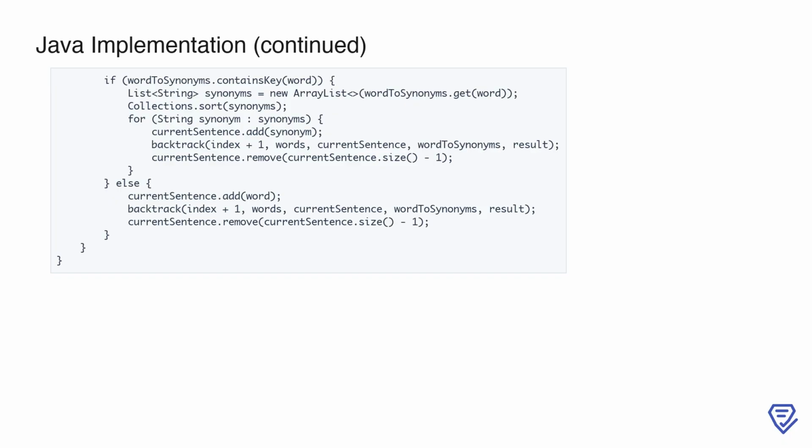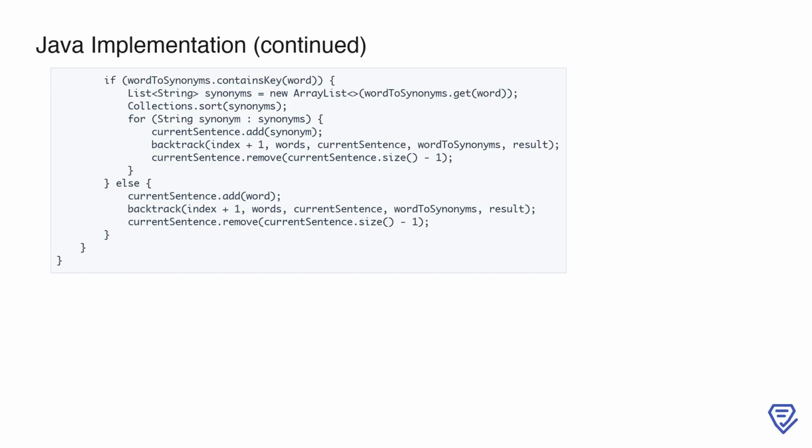Finally, inside the backtrack method, we handle the recursive exploration of synonyms. If the current word exists in the word to synonyms map, we retrieve its synonyms, sort them lexicographically to ensure the sentences are generated in sorted order, and iterate over each synonym. For each option, we add the synonym to the current sentence, recursively call backtrack for the next word, and then backtrack by removing the last word to restore the state for the next iteration.